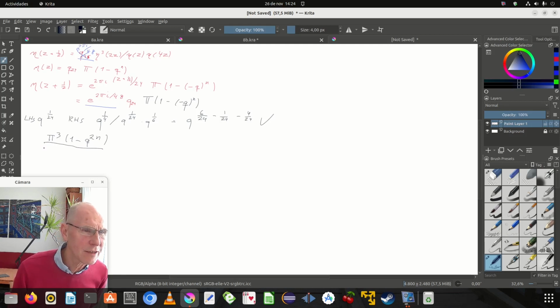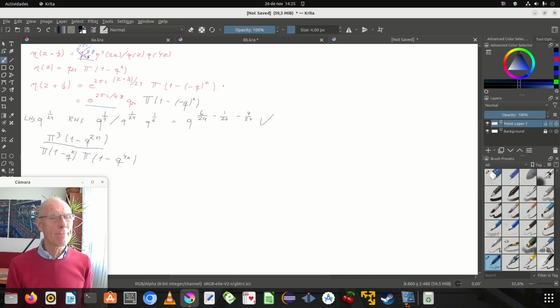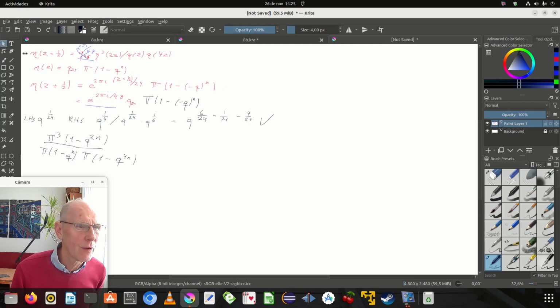I would like to cancel something or reduce something. This could be written like q plus 1 plus q2 nth so that could take one of them. But I'm basically missing an idea to handle this minus q to nth.